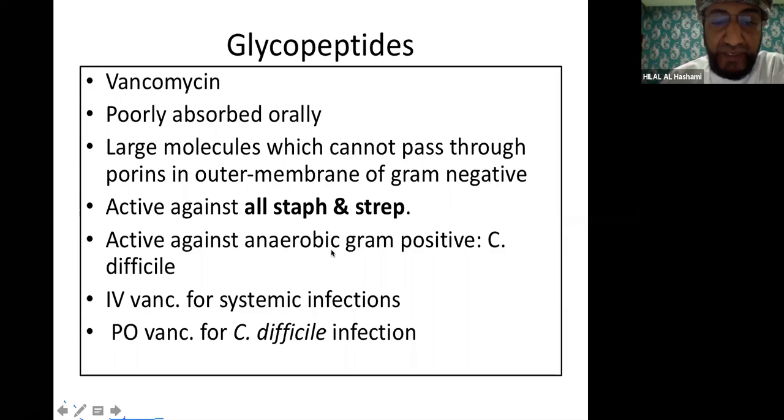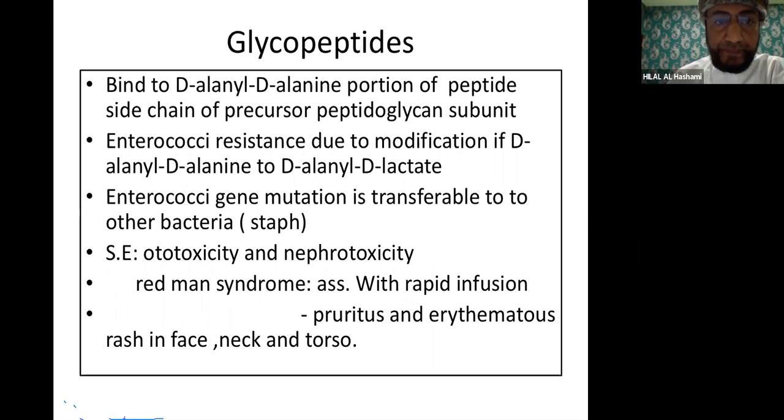It's also active against C. diff, which we mentioned. IV vancomycin is used for systemic infection, and oral vancomycin is used for C. diff infection.